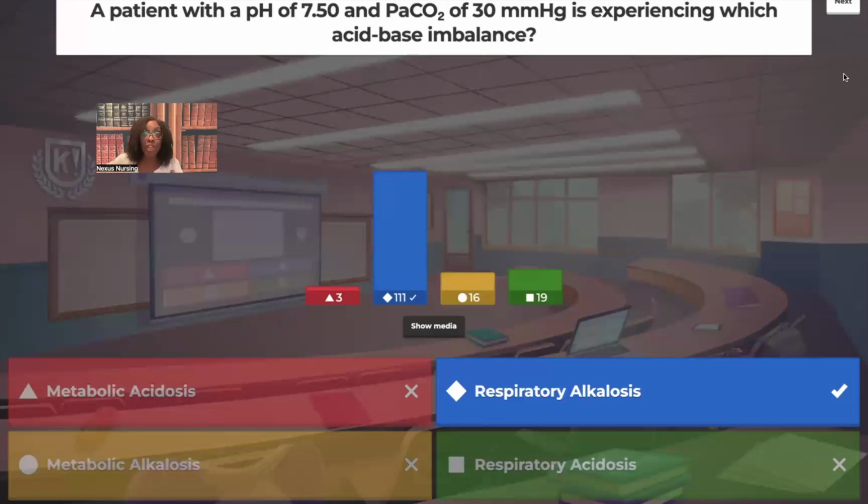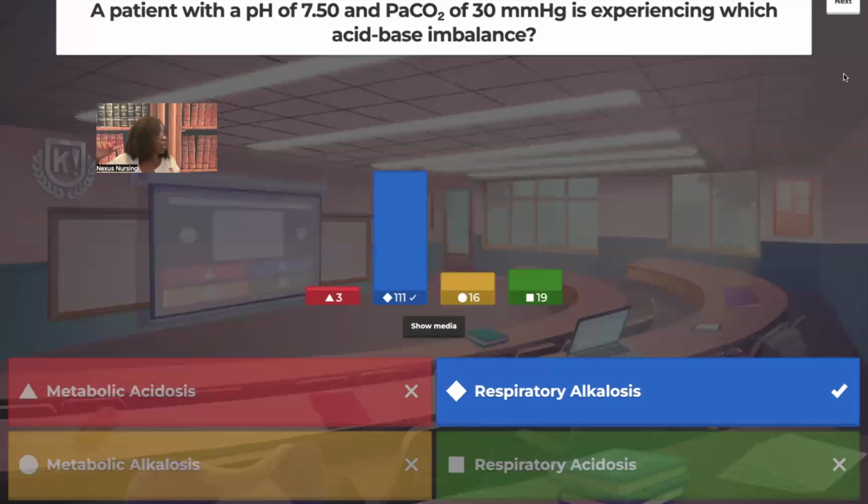Whichever one's out of range the most, that's the one that's suffering the most. So if CO2 is out of range the most, that patient's going through respiratory whatever. Even if the bicarb was out of range, but not as out of range as the CO2, it would still be respiratory whatever, and then it would just be partial compensation because the bicarb is trying to help. Does that make sense?